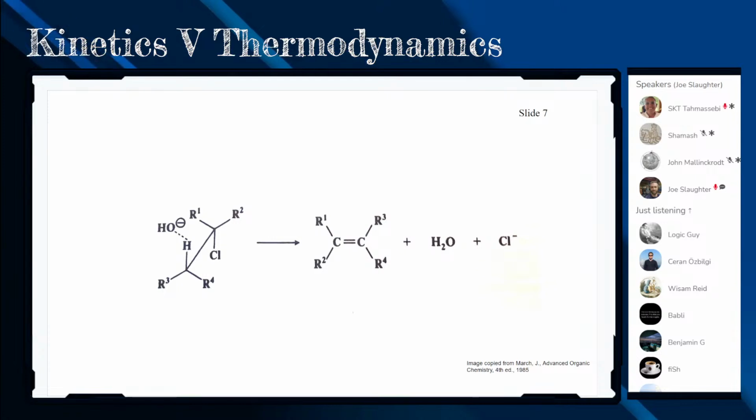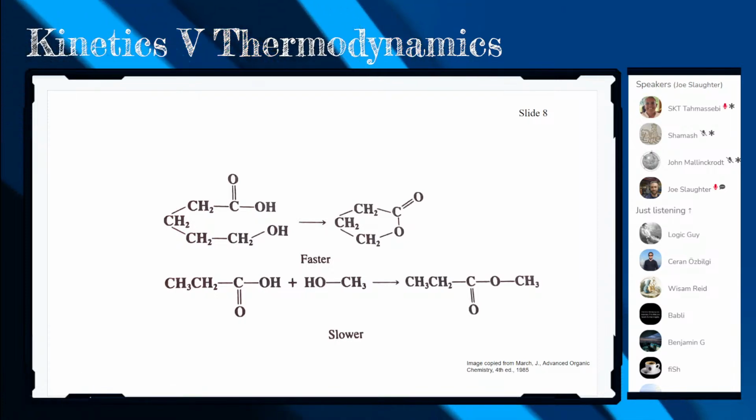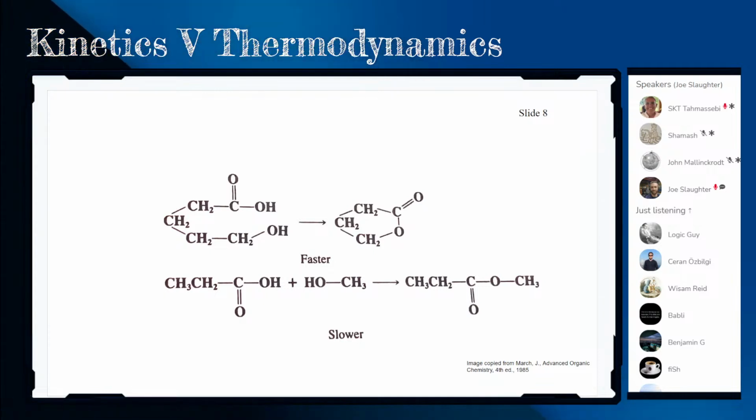So let's look at another example. This one's one of my favorite ones. I'm going to talk about the lower reaction first, and then the upper reaction. The lower reaction is a reaction we have seen before when we were talking about the reactions of acyl groups.